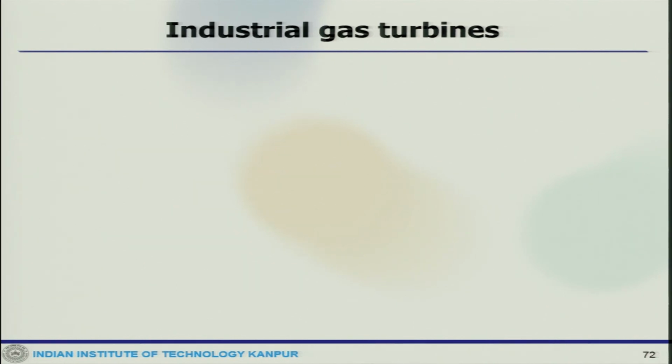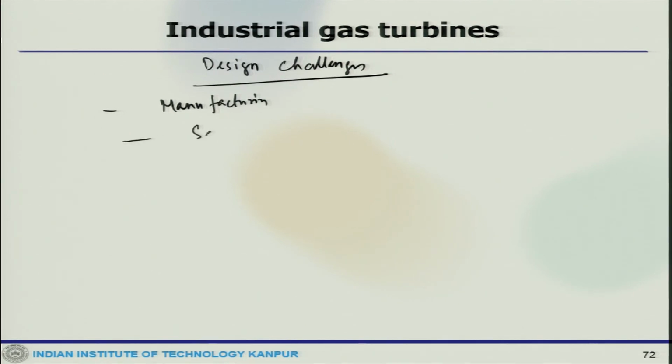gas turbines. But obviously, when you talk about all these gas turbines, there are different design challenges associated with them. An important one is manufacturing, then selection and design of components, like the compressor and turbine.